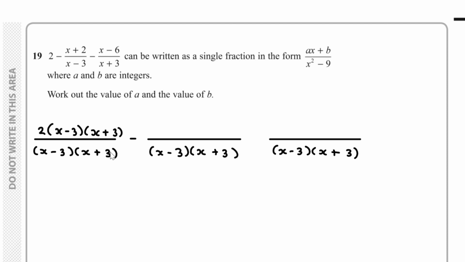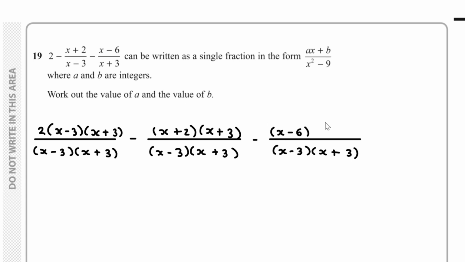And then we subtract off. Well, here, we still need the x plus 2 on the top. On the bottom, we still want the x minus 3, so we want the x plus 3's to cancel on the top and bottom, leaving us with x plus 2 over x minus 3, and that's what we see here. And then we subtract off. Well, here we want an x minus 6 on the top.